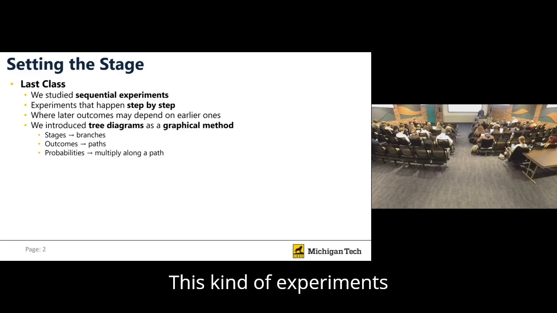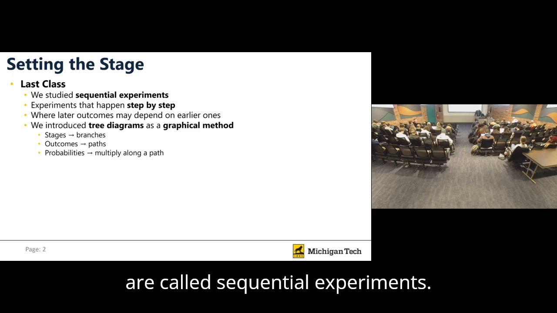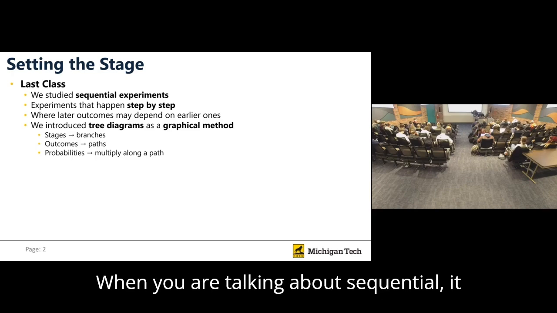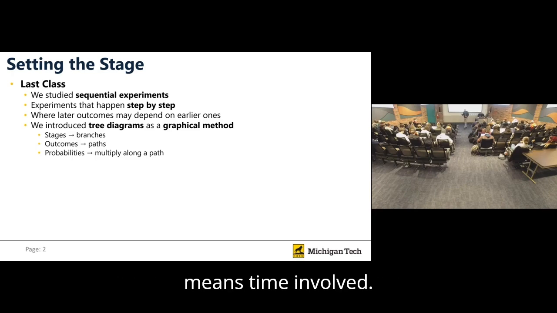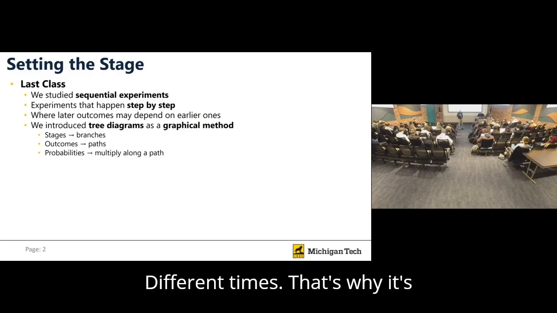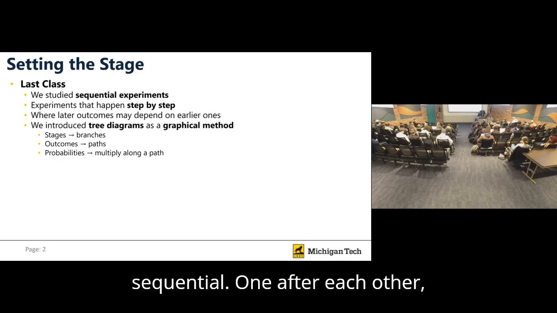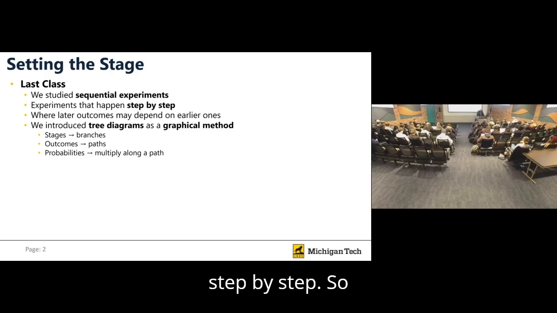This kind of experiment is called sequential experiments. When you are talking about sequential, it means time involved, different times. That's why it's sequential. One after each other, step by step.